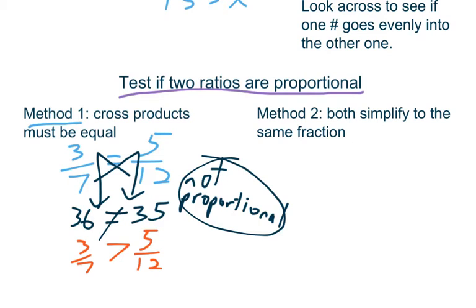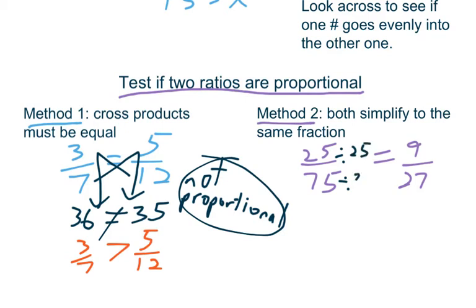Okay, let's try out method 2. So method 2 says both simplify to the same fraction. For instance, if we had 25 out of 75 equals 9 over 27, if we just simplified both fractions, so divide them by their greatest common factor, 25 and 75, 25 is my biggest factor, and 25 divided by 25 is 1, 75 divided by 25 is 3, so I get 1/3.